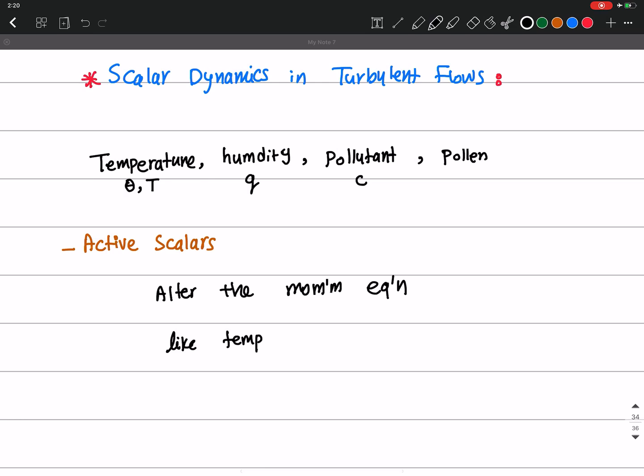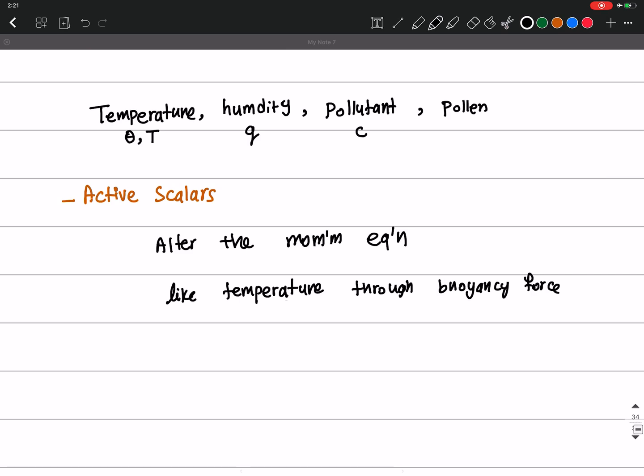Temperature can alter the momentum equation and also the turbulence in the flows, and that is done through the buoyancy force that the temperature exerts on the fluid. So by this buoyancy force, the temperature can alter the momentum equation, the fluid motion, and similarly the turbulence. So scalars like temperature are called active scalars.